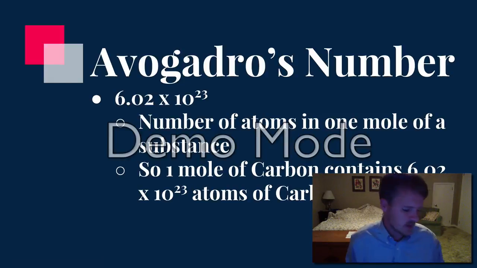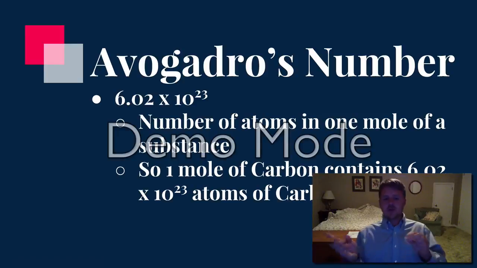Well, this guy named Avogadro, he determined that the number of atoms in 1 mole of a substance is 6.02 times 10 to the 23rd. So 1 mole of carbon contains 6.02 times 10 to the 23rd atoms of carbon.